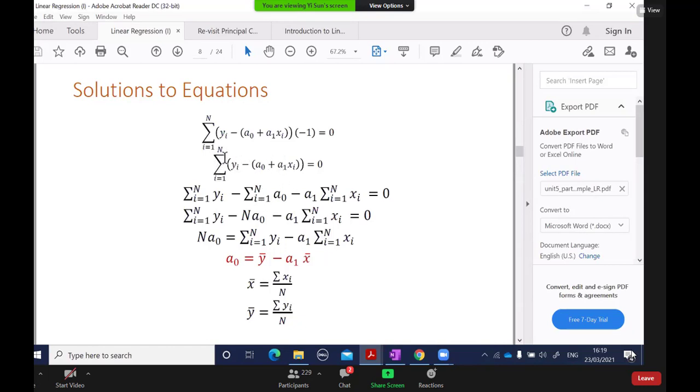Now, this sum goes in front of the third term, minus A1. A1 again is a constant, so we can take it in front of this sum, because here xi is indexed by the data points. Have a look at this term. Again, we write it down in the next line.